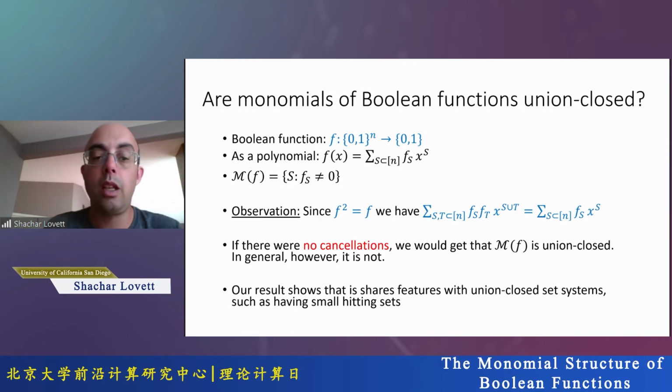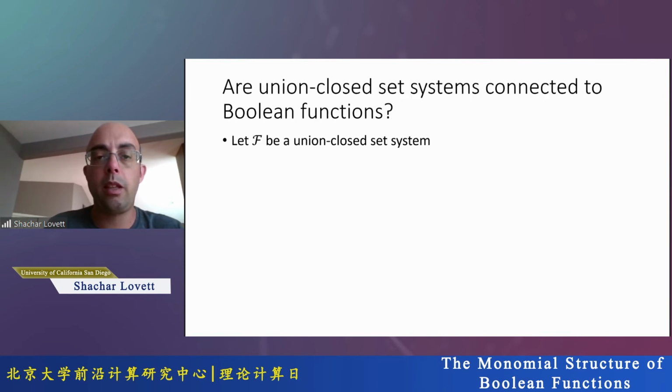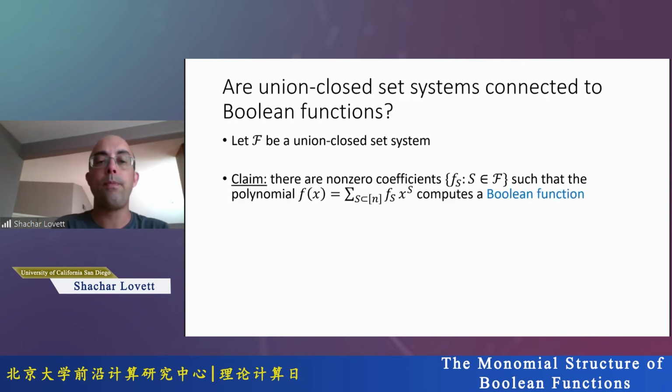Concretely, both of them have small hitting sets. For union closed, it's going to be log of the size of the set system, and for general Boolean functions, it's going to be polylog of the size. So seeing that, it's natural to think, well, can we think about union closed set systems as a special case of Boolean functions? And the answer is yes. So here's a claim.